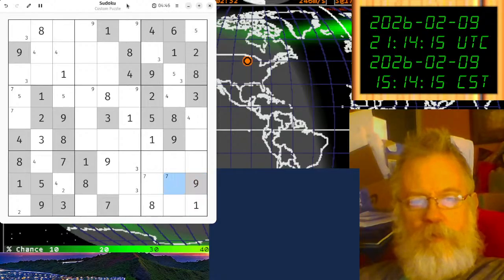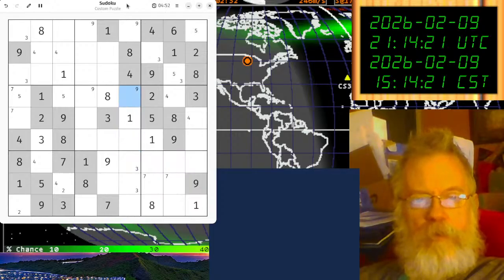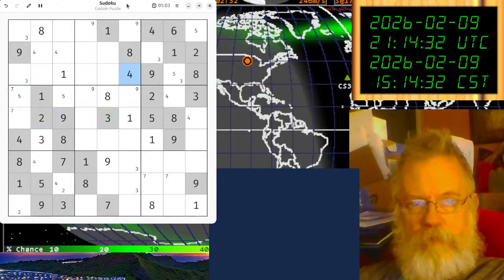Not 2s. We're good on 1s. Still 3 possibilities for 2 here. 4 possibilities here. 4 possibilities here. What am I missing up here? 1, 2, 3, 4, 5, 6.